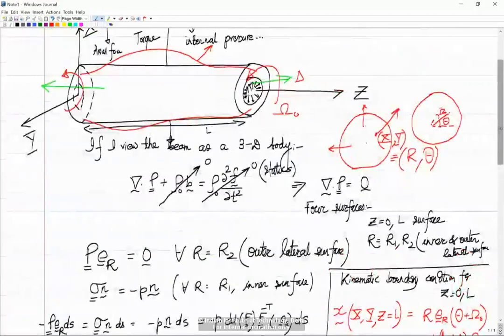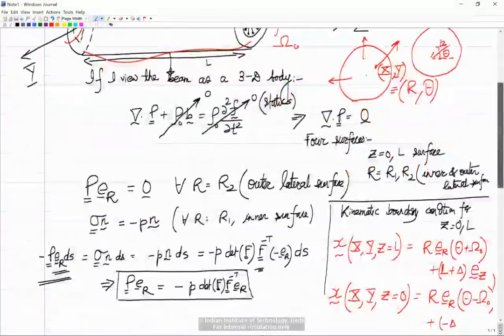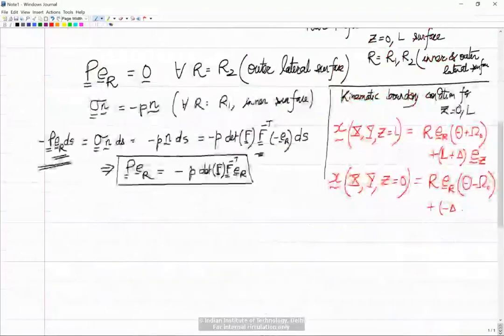There are two ways to do it. One is that you apply rotation and displacement at both the cross sections, and the other is you fix the cross section at z equal to 0 and apply rotation and displacement only to the cross section at z, isn't it? But here I'm showing it when you're doing it for both.